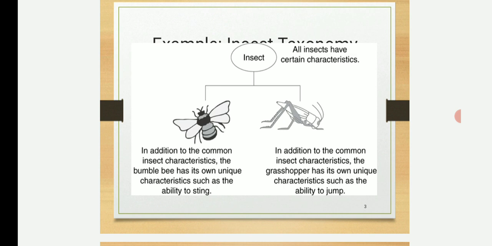Here is one more insect, that is a grasshopper. This also has unique characteristics, that is an ability to jump. So these two insects come under a common class. So this is an example.